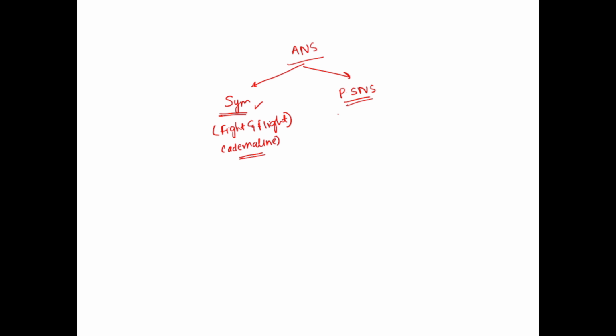Similarly, the parasympathetic nervous system is also called the rest and digest system. Here we have acetylcholine, which activates this particular system, right? So the drugs are classified based on their use in the autonomic nervous system. Those drugs which activate the parasympathetic nervous system are called cholinergic drugs.